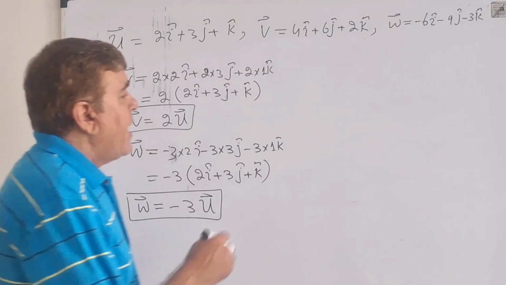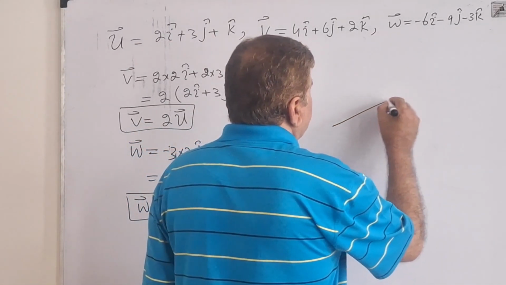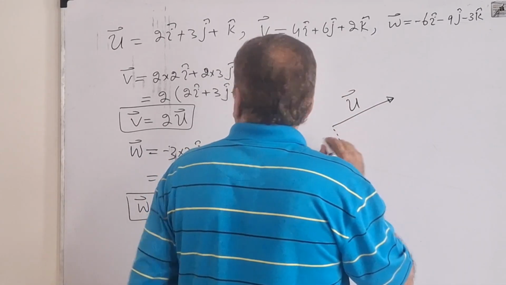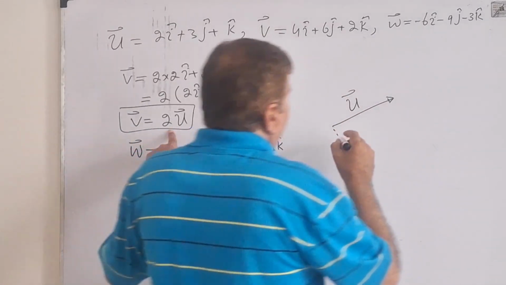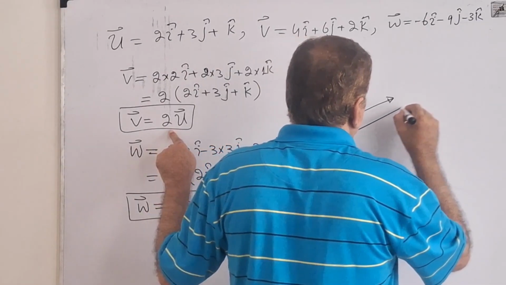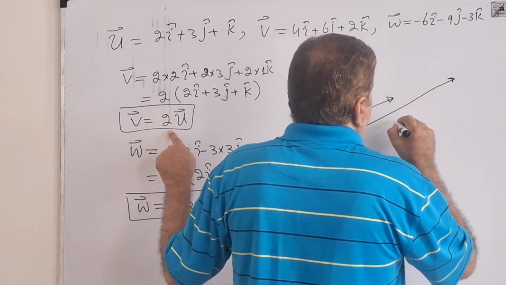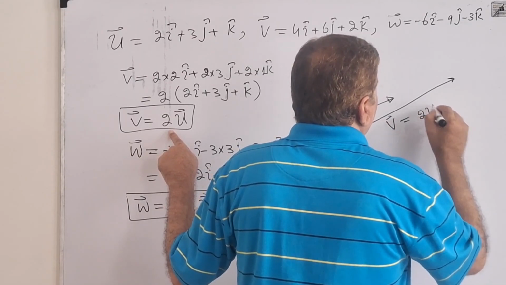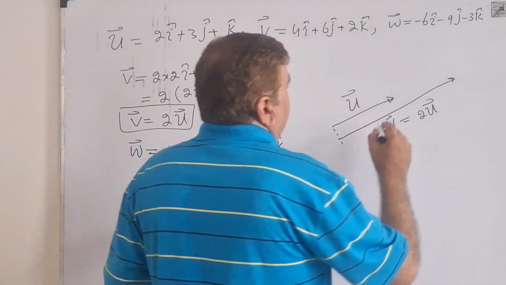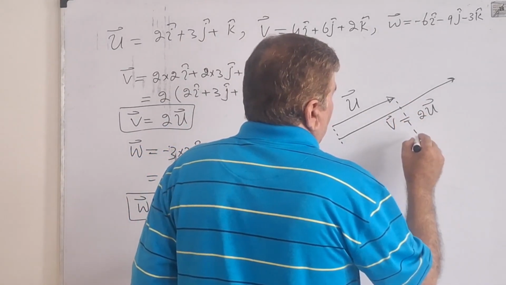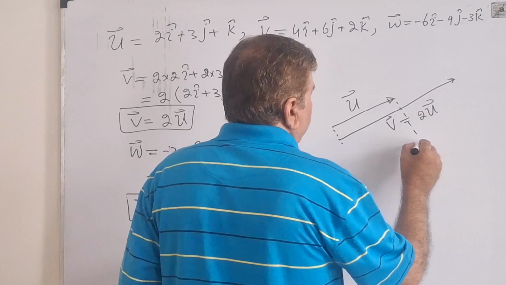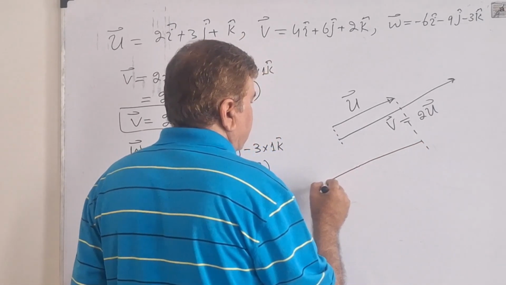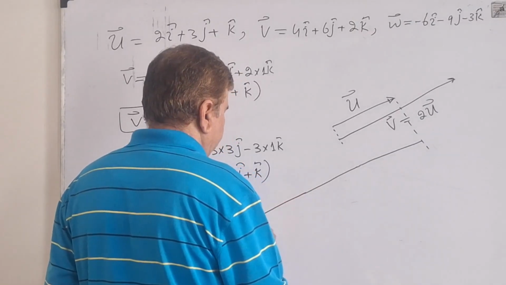of vector u. So if we represent, let's say if this is our vector u, then we found that it is 2u, so on a given scale this vector would be v, whose magnitude is equal to 2 times u, and then vector w would be a vector, this is equal in magnitude to u, this is double of u, and this is triple of u.